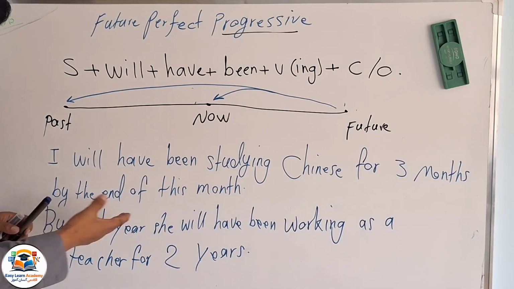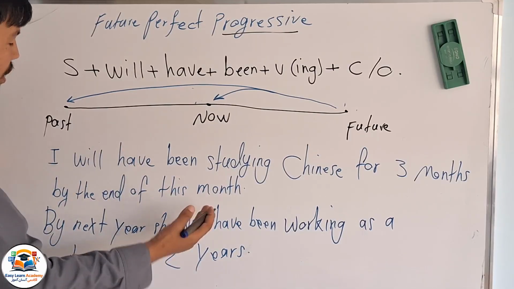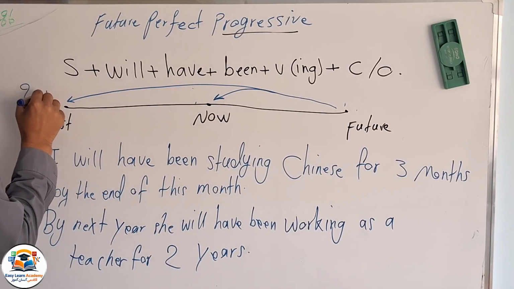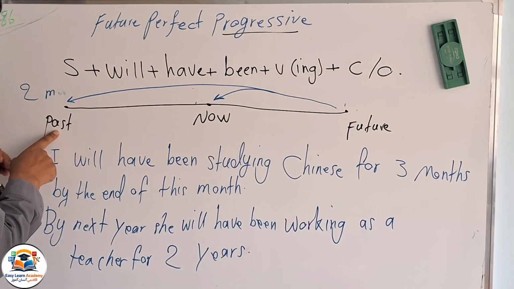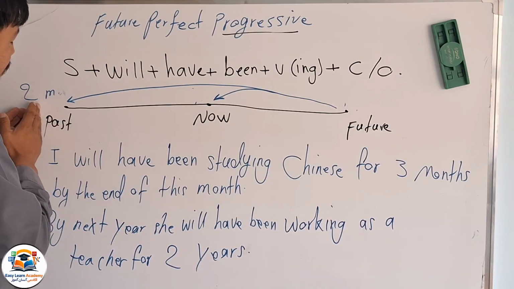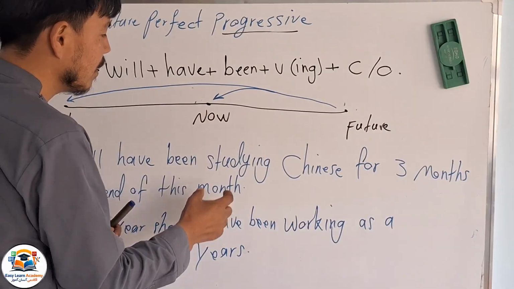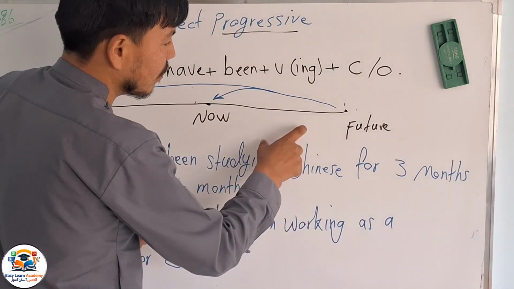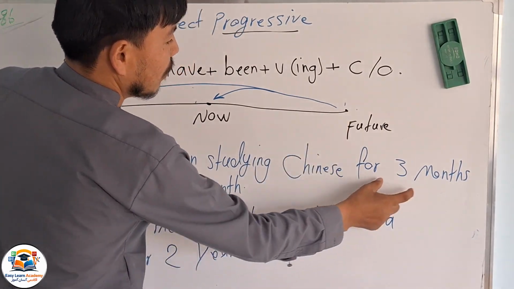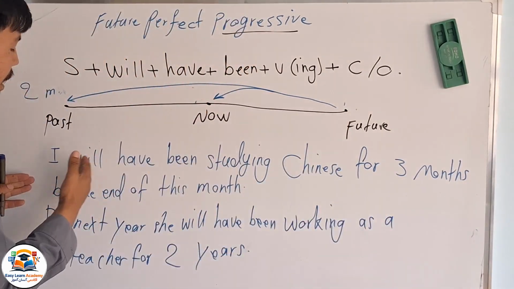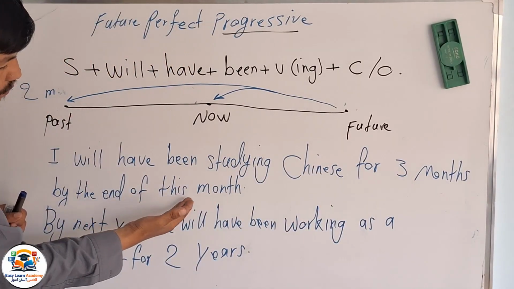So from this example I can understand I started studying Chinese 2 months ago. Okay, 2 months ago. So this is past, and since 2 months ago I have been studying Chinese. Now it's now, and if I continue one more month, it will be future, so it will be 3 months.